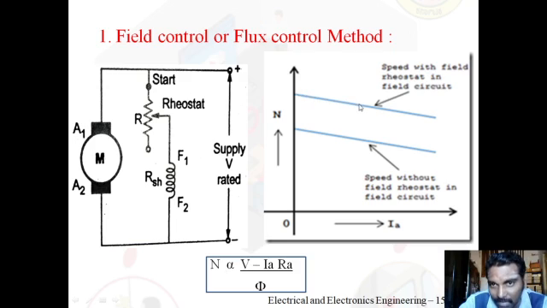You can observe, as the load on the motor is increased, IaRa increases, and as IaRa increases, the speed of the motor is reduced. So we will get the second graph. This is the variation of speed from no load to full load at some value of resistance, that is R equal to R1. Here R is equal to 0.